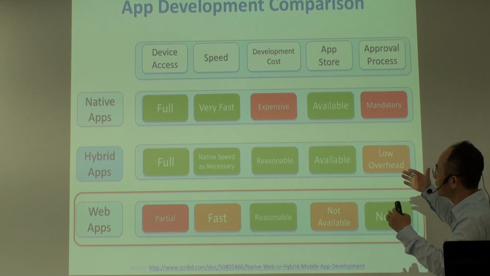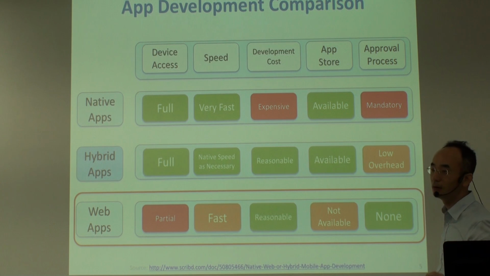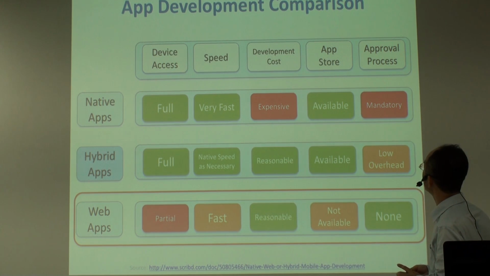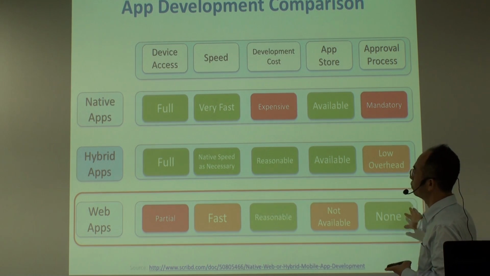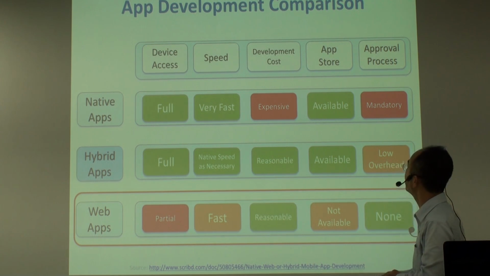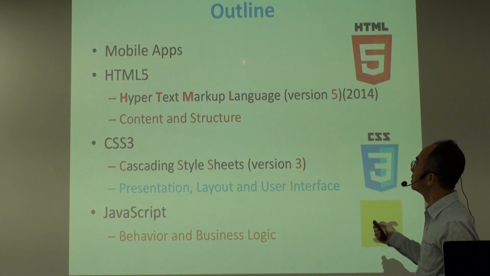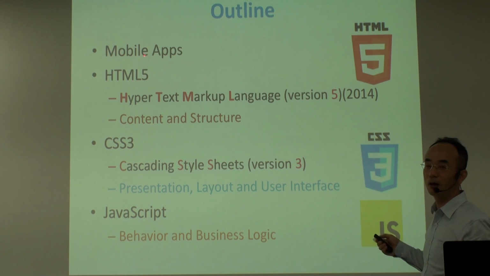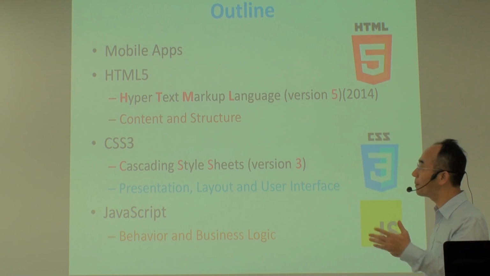We can also convert it into a hybrid app and then publish to app stores. And for a web application, there is no need for approval. So the outline for today will be mobile apps, especially web applications.